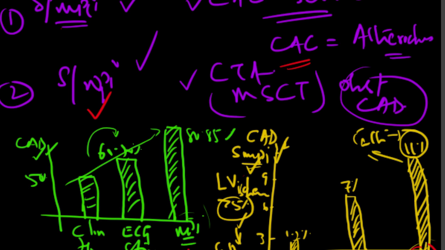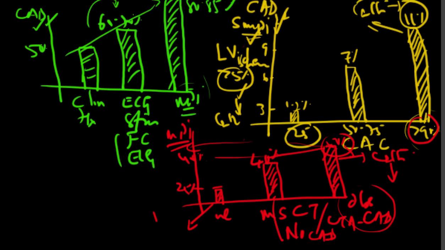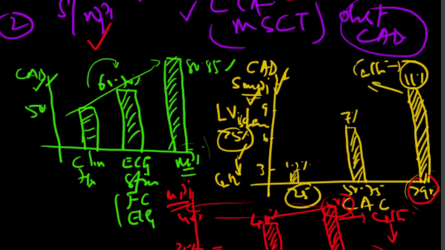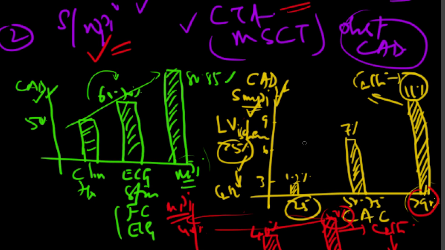And patients who have CTA positive with obstructive CAD, only 50% of those patients will have a significant stress MPI, enough to be diagnosed based on a CTA.